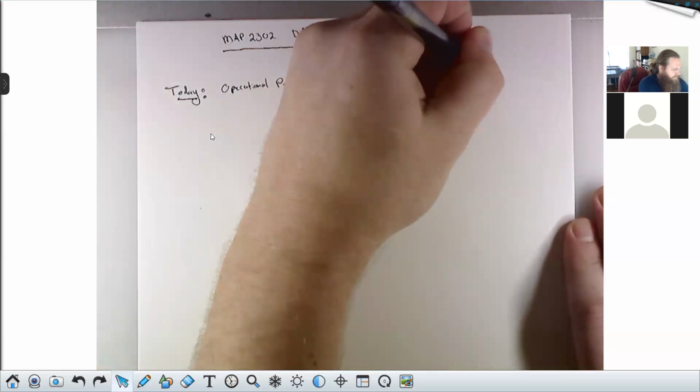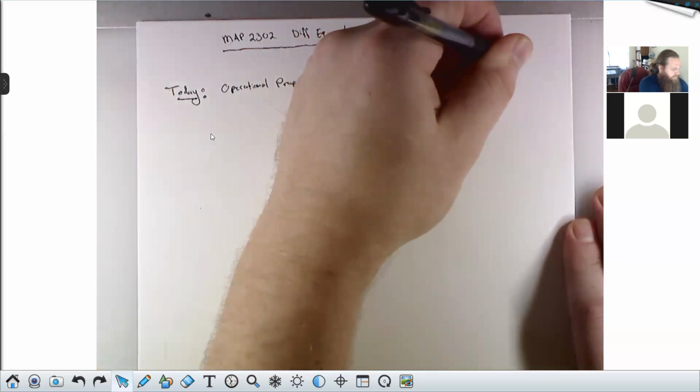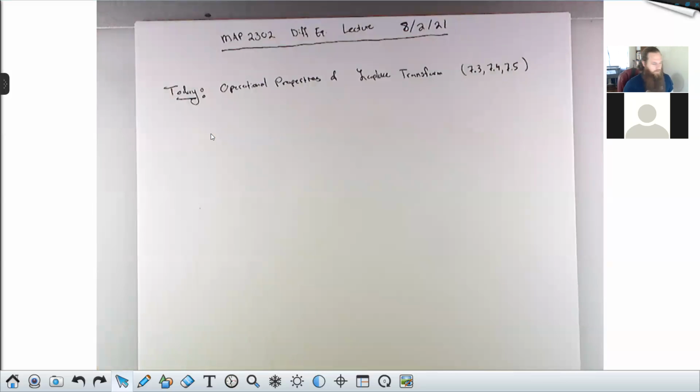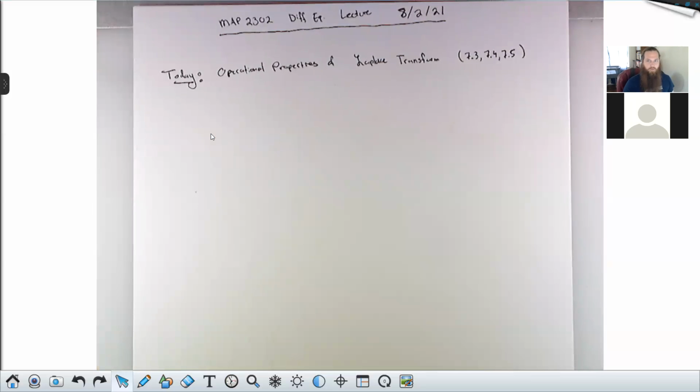It's going to be like 7.3, 7.4, and 7.5, but we're not going to cover all of it, right? Just a few little bits of each. When I learned about Laplace transforms, these were all boom, boom, boom in one section. Your book splits them up into multiple sections. I don't know why, but they do. So that's the main topic for today.